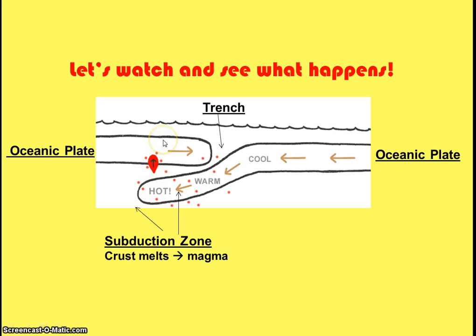If it rises enough, still liquid, it's going to erupt. And if it erupts enough times, it will form a volcanic island here above the ocean water. So you can watch that over a couple of times, but we are going to move forward in the notes. But you can rewind and watch over.